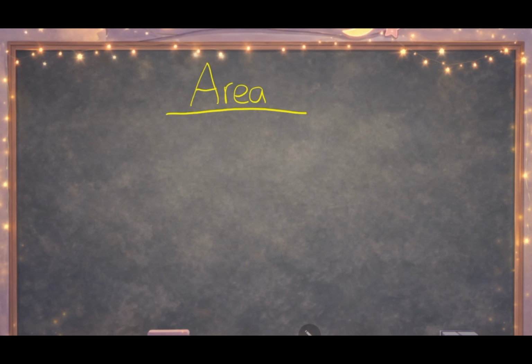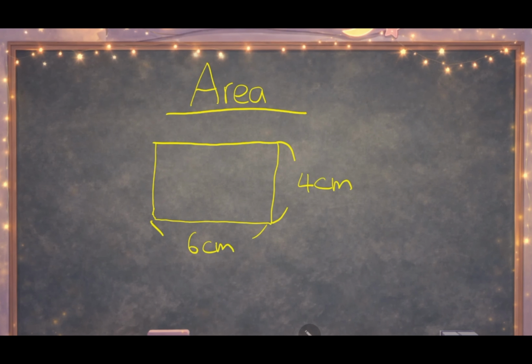This time, we will calculate the area of the same rectangle. To know how large the rectangle is, we are going to think about how many squares of 1 centimeter by 1 centimeter we could fit into the rectangle.